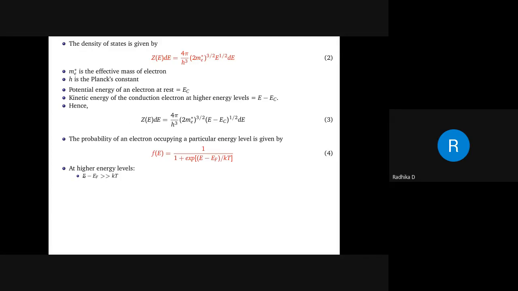So for that reason, E minus EF is much greater than KT, and you end up getting an approximation for f of E. That is, f of E is approximately exponential minus of E minus EF by KT. So you have got two expressions, Z of E dE and f of E. Your next job obviously is to put Z of E dE and f of E into your first equation of dN. Basically take a product of equation number 3 and equation number 6.